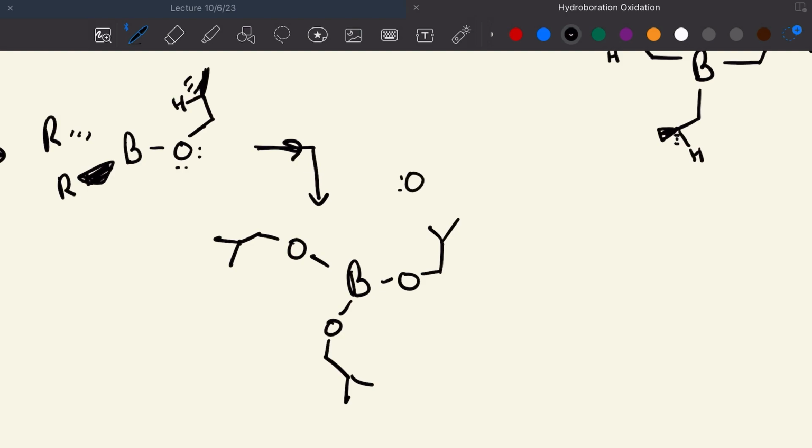So these lone pairs on this oxygen are going to come over and once again attack this empty p orbital, this boron, while simultaneously these electrons from one of the boron-oxygen bonds are going to come over and steal a hydrogen from that water.